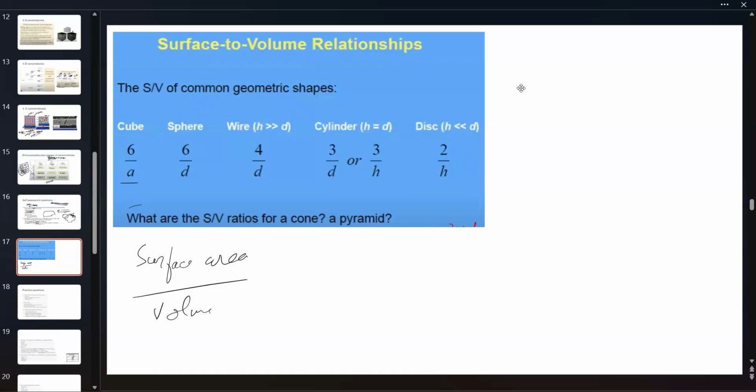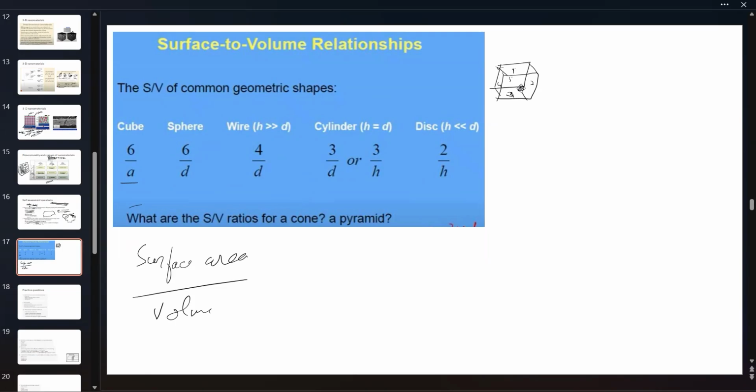With a cube, we have six faces: one, two, three, four, the fifth one in the back, the sixth one in the front, and the bottom one. Okay, we have six faces.